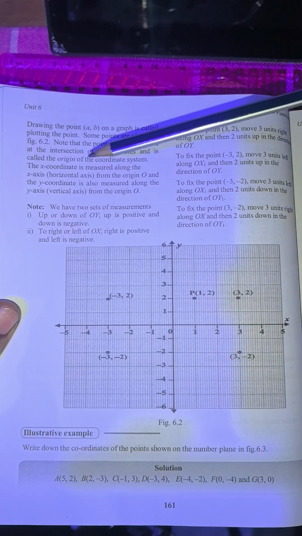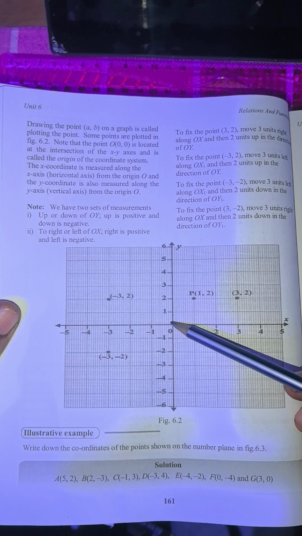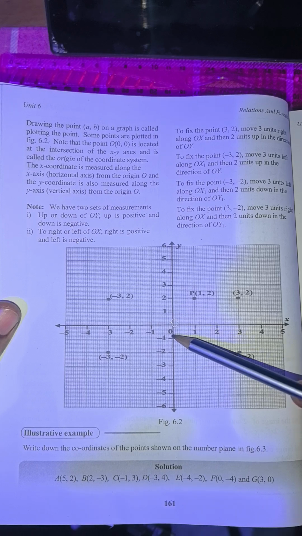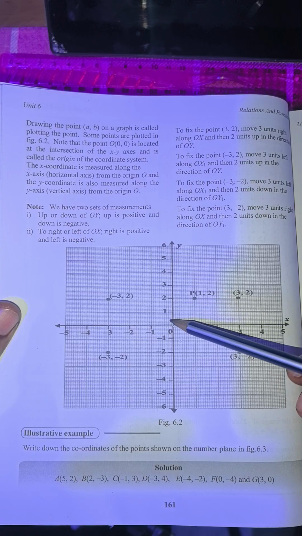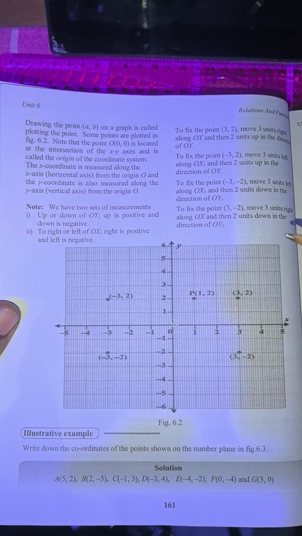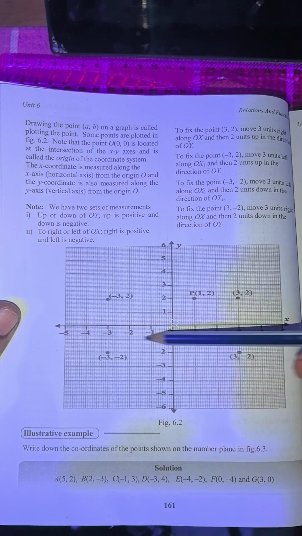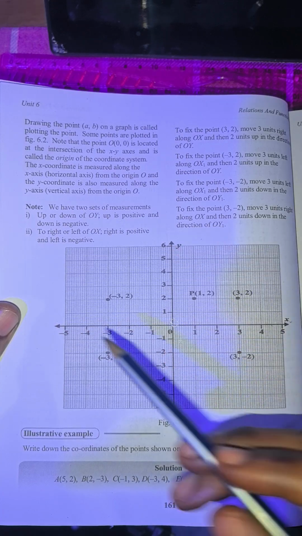Now note that the point O here, this is O. And this is different from this. This is 0 and this is O. So take note. The point where the X and Y meet, like I was talking to you about, the horizontal is the X, right?